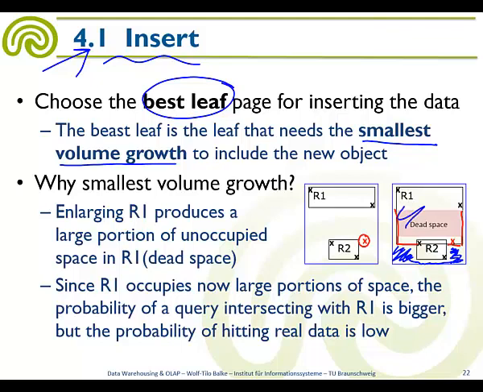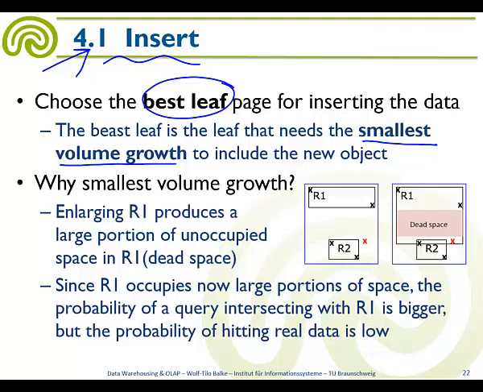But all of this space over here doesn't give you the ability to prune. So you're basically wasting your time. A better thing to do is basically grow R2, because then the volume is smaller. This is one thing to look at.